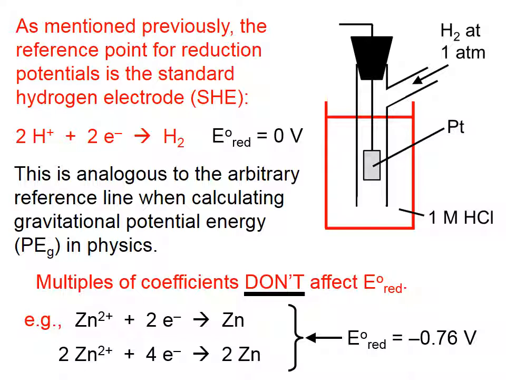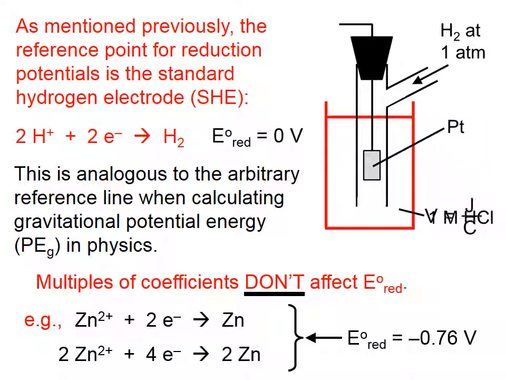Or if we had some crazy number of moles, like 7.269 moles of zinc ion being reduced to zinc metal, it wouldn't matter. The reduction potential would be the same.